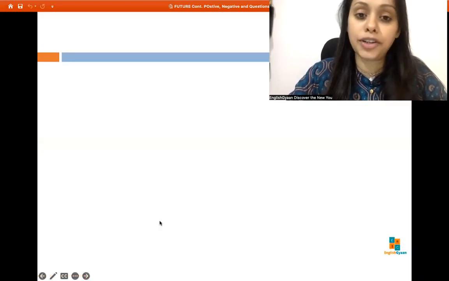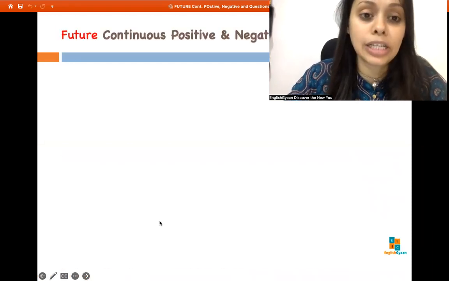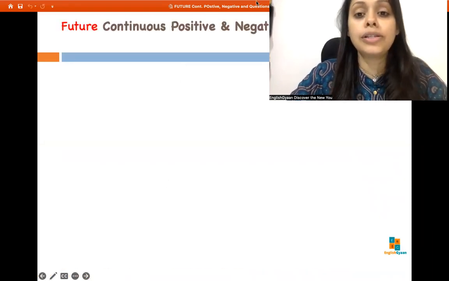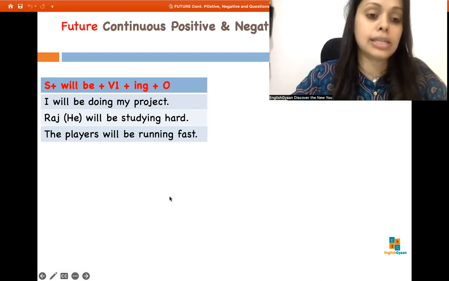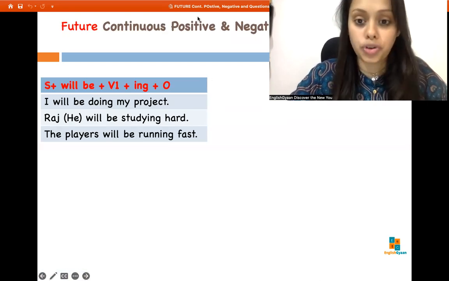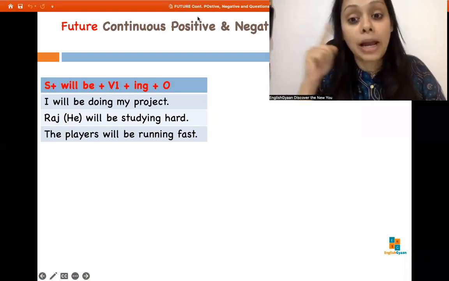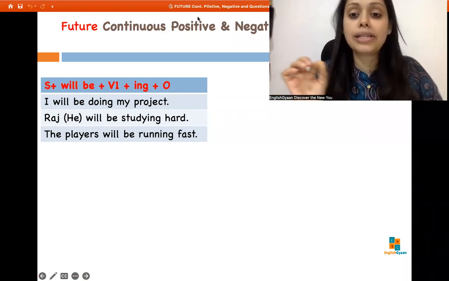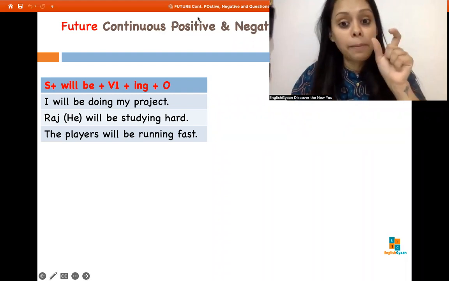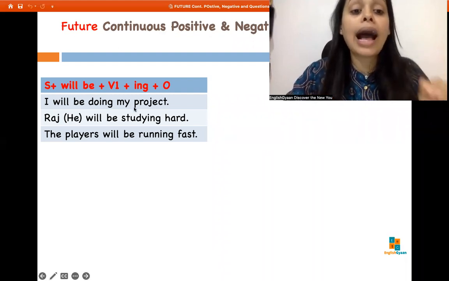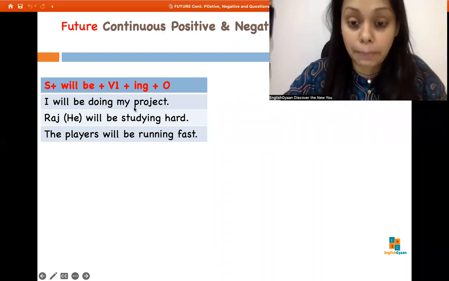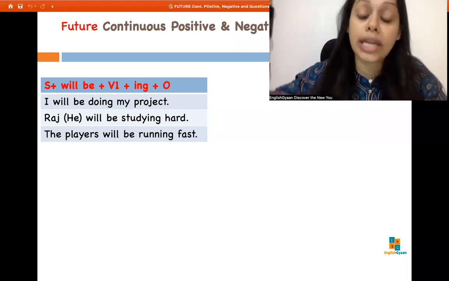So future continuous tense. Let's see how the sentence formation goes. Future continuous, positive and negative statements. Now the sentence flow should be subject plus will be plus V1 plus ing. ING is nothing but continuous, and will be is part of the formula. I will be doing my project. मैं मेरा project कर रही होगी.